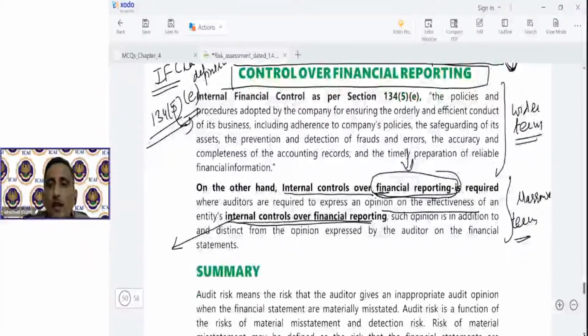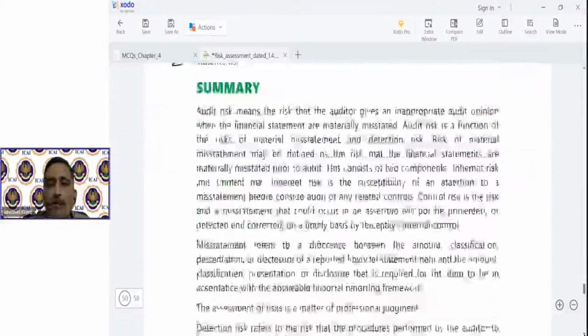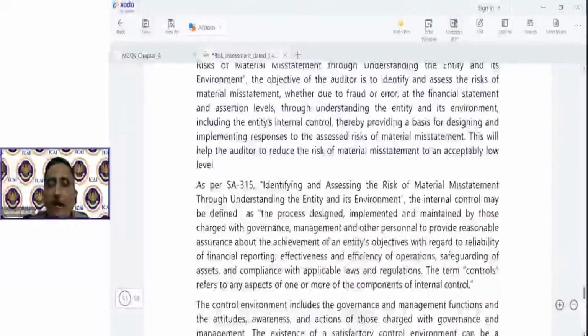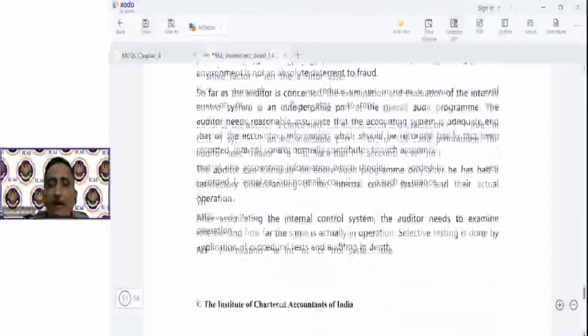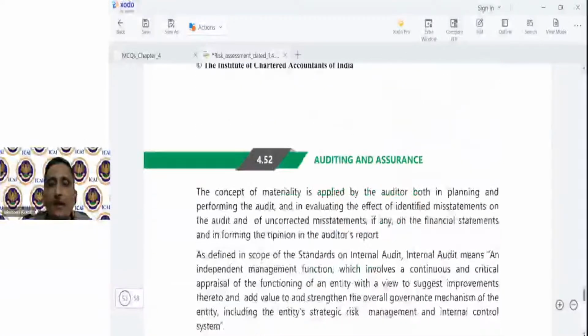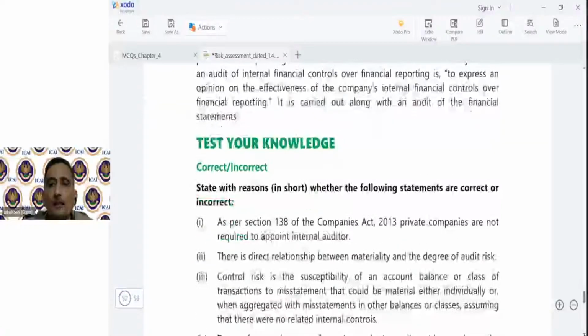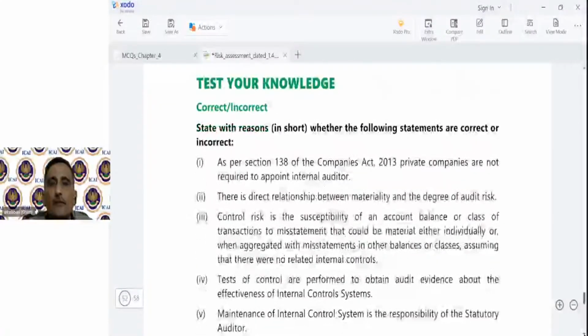Now before we start our own questions, let us try to do some correct incorrect type questions which are given in your module. So let us see, guys.